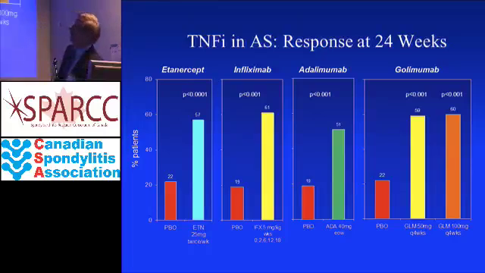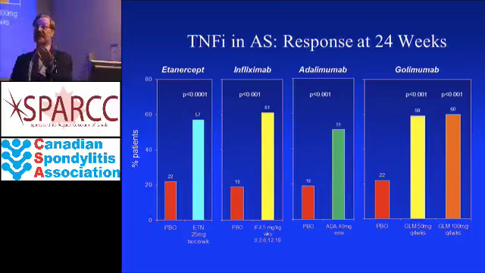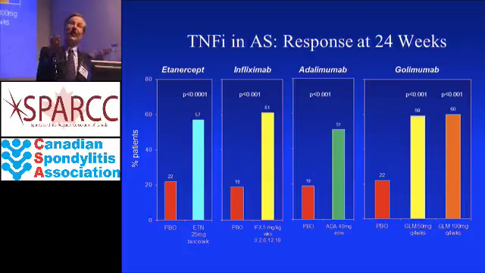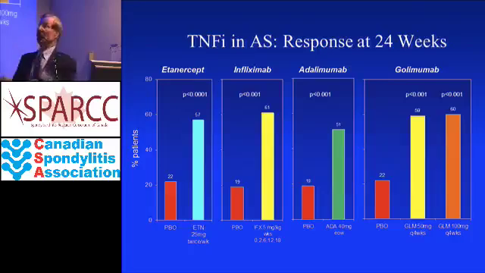Because in the randomized controlled studies, when each drug has been compared against placebo, the responses are pretty much the same, and you can see by the height of the bar that the responses are about the same. So that's an important point because, if your physician has given you the option to consider a biologic agent for spondylitis, we now have evidence that, at least on the effectiveness scale, you can consider several different products that are very close.